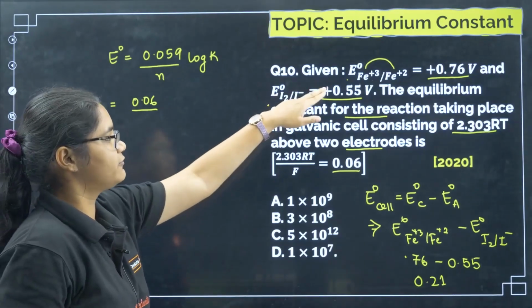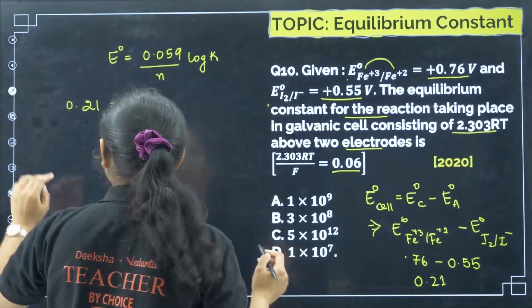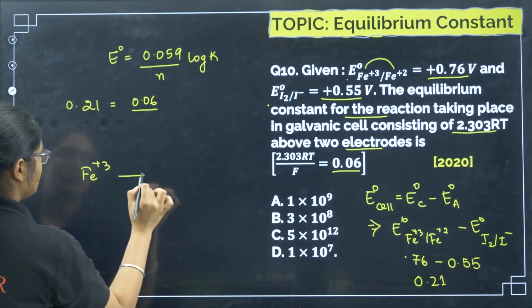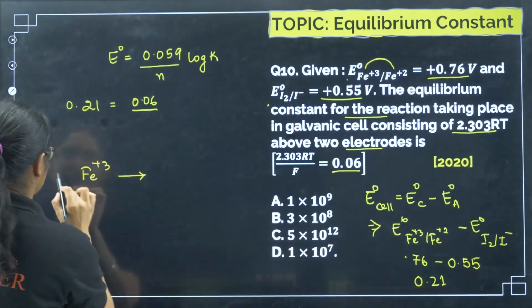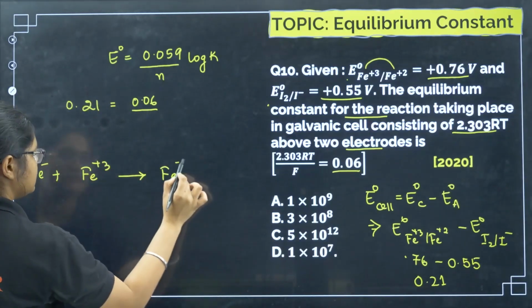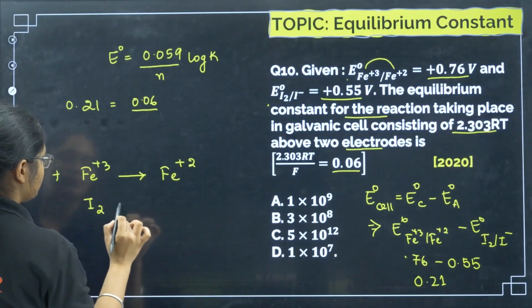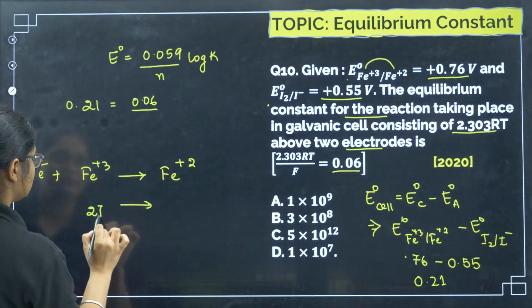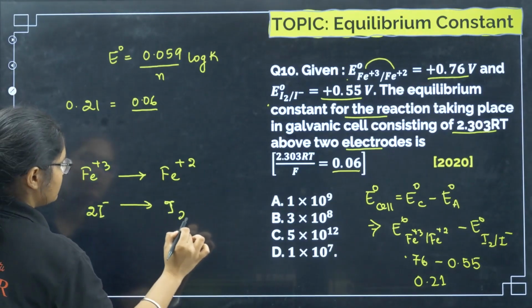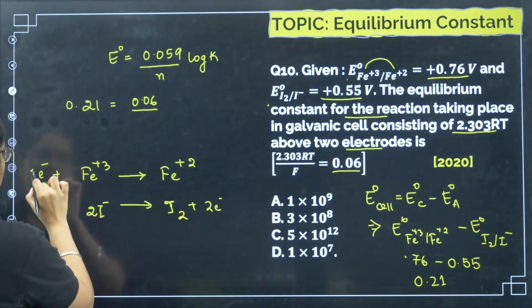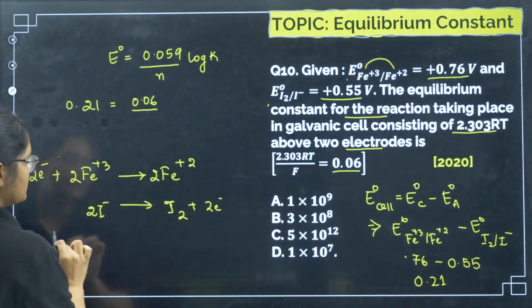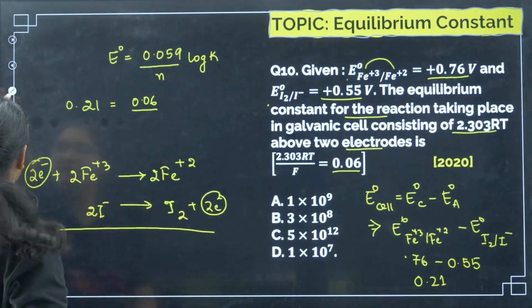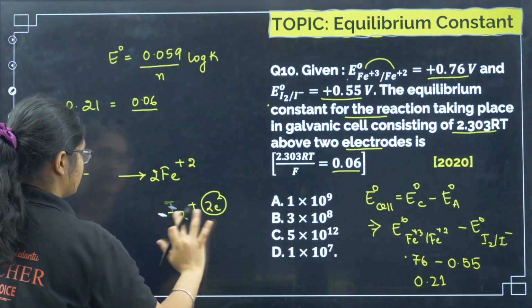If I write the reaction, Fe plus 3 plus an electron gives Fe plus 2, and 2I minus gets converted to I2 by release of 2 electrons. Now I multiply the whole Fe equation by 2. The number of electrons involved is 2 here, so the n factor will be 2.